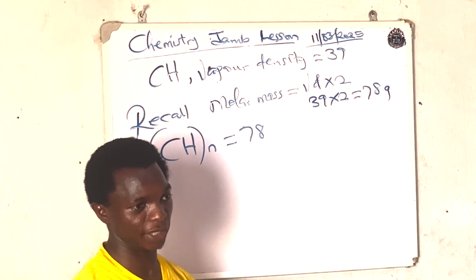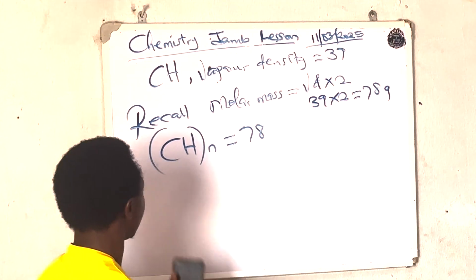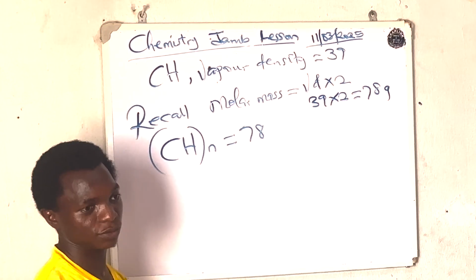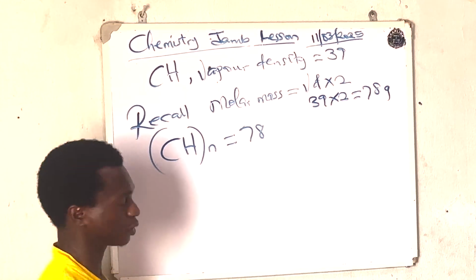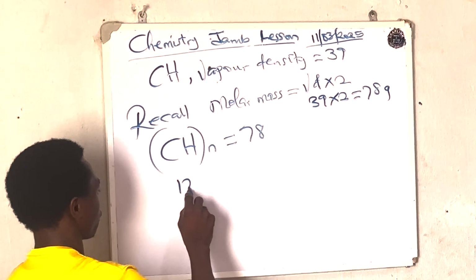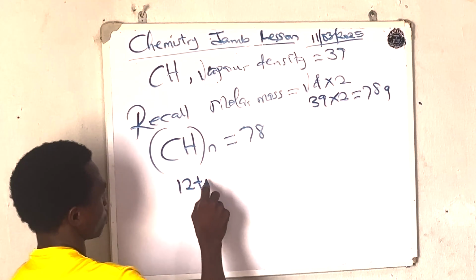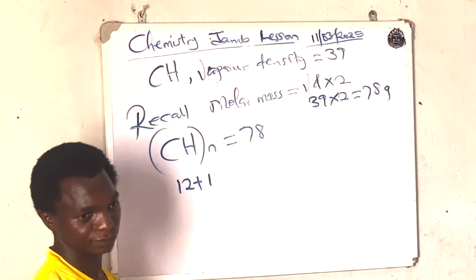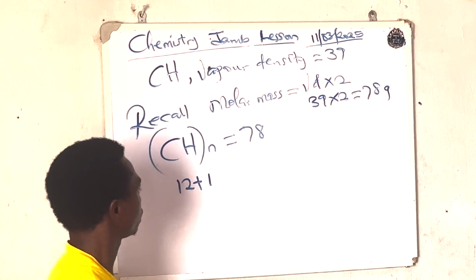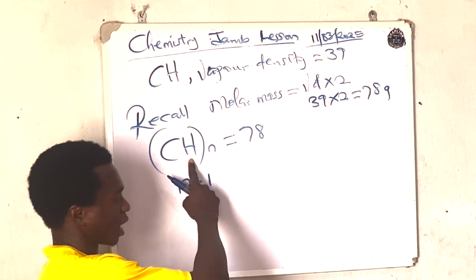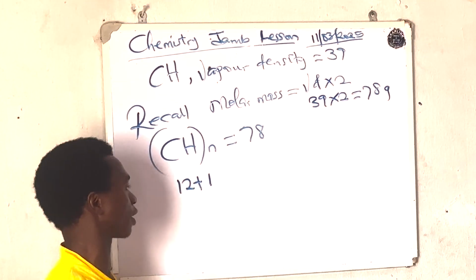Assuming we don't know the subscript, the value of n, which will give us the molecular formula from the empirical formula CH. Now, remember that carbon has the mass number of 12. So we are going to have 12 plus 1, because of one hydrogen as mass and there is only one hydrogen here.